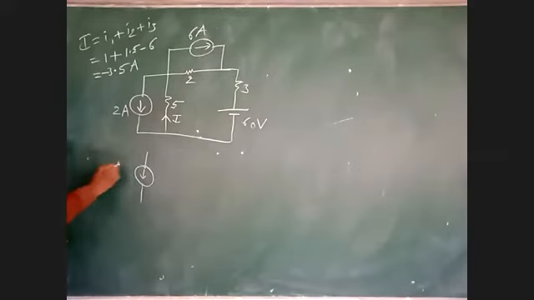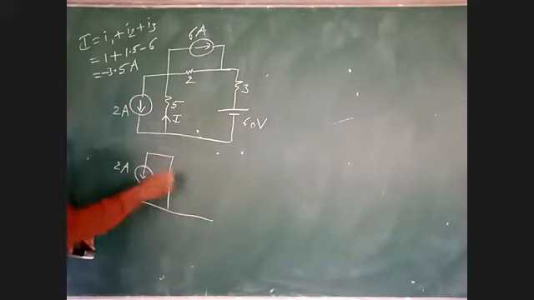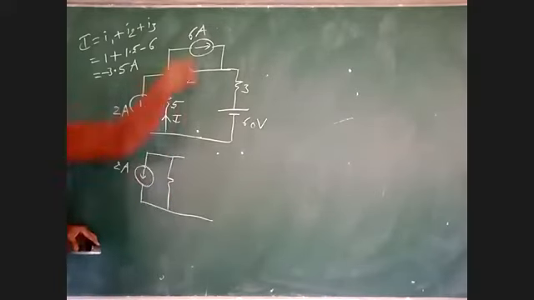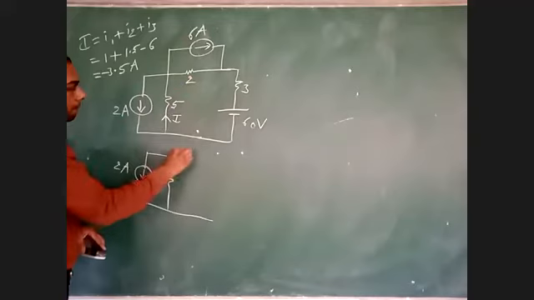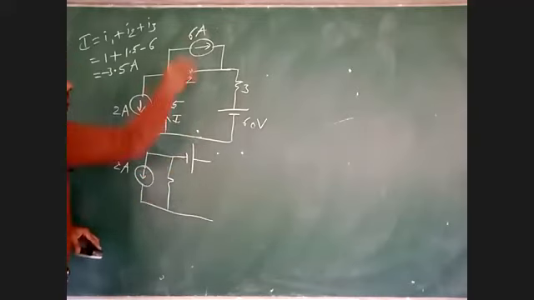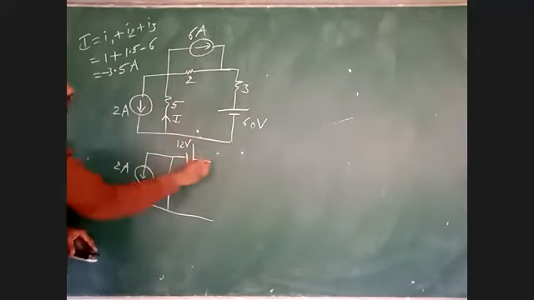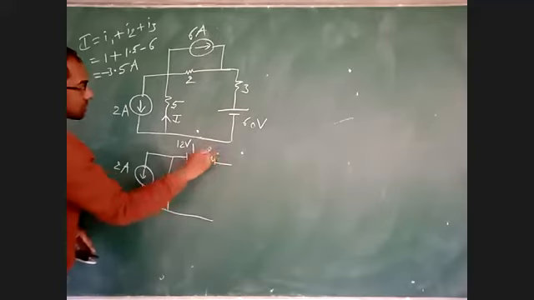Verification is done. In the exam, there is no need to do verification. For your understanding purpose, I am doing 6 into 2, which is 12 volts. The resistance which is in parallel to the current source will come in series.